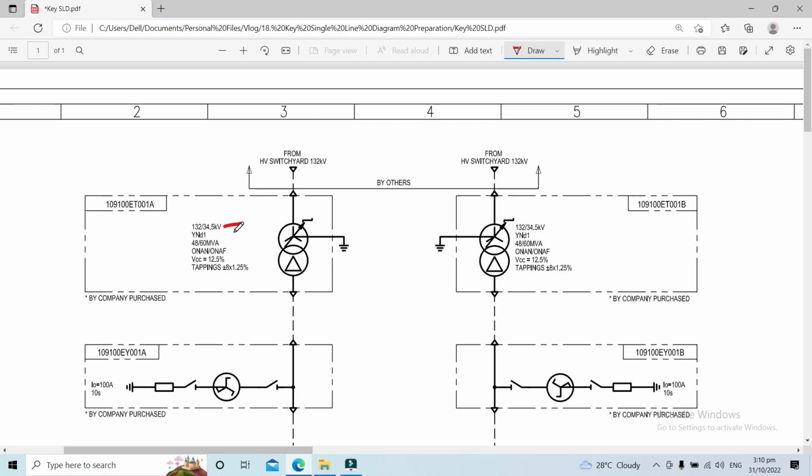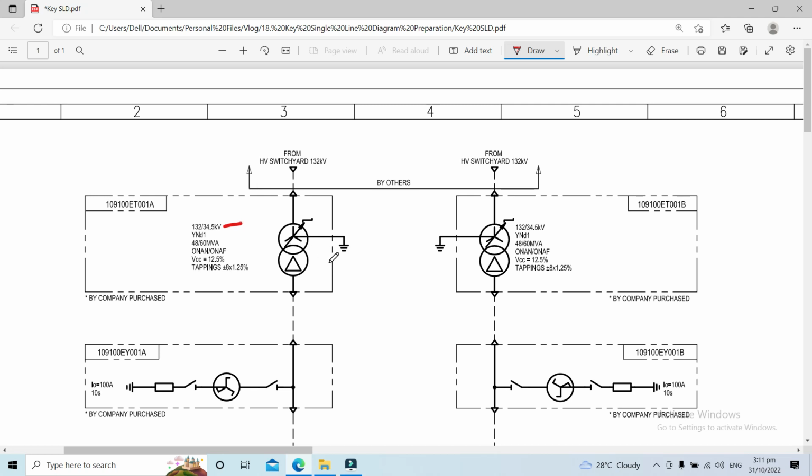The 1 means that, for the vector group identification, the direction is counterclockwise, and 1 means it leads by 30 degrees. So that's the way we interpret it.